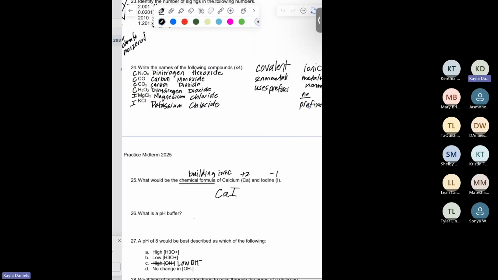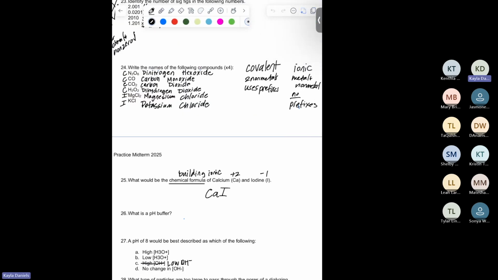Okay, so we want to equal 0. We want it to be neutral. All right. So right now with 1 calcium and then 1 iodine, I have a +1 charge. So if I add another iodine, if I put a subscript of 2 here, that will get it neutral.